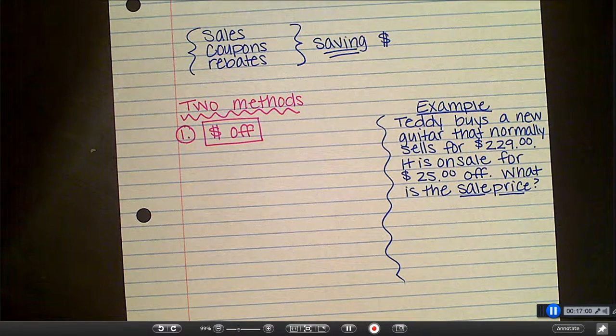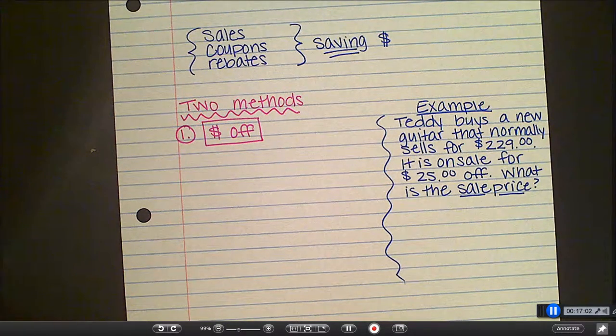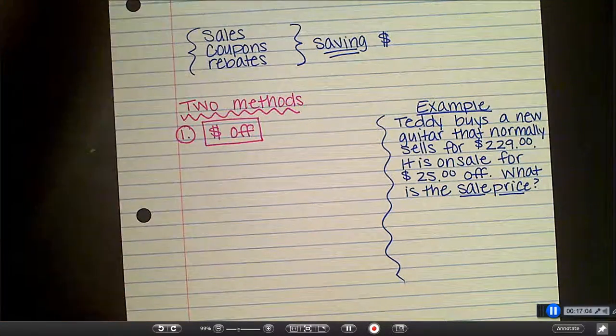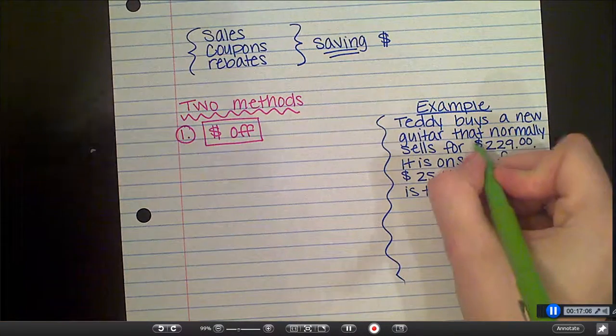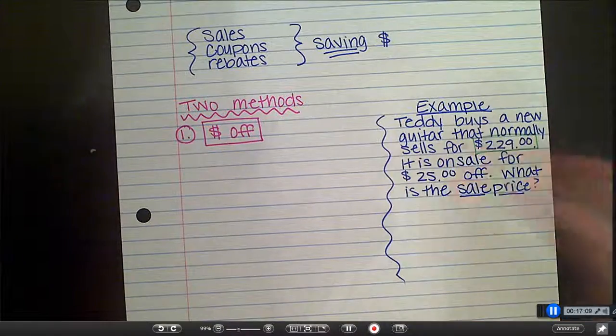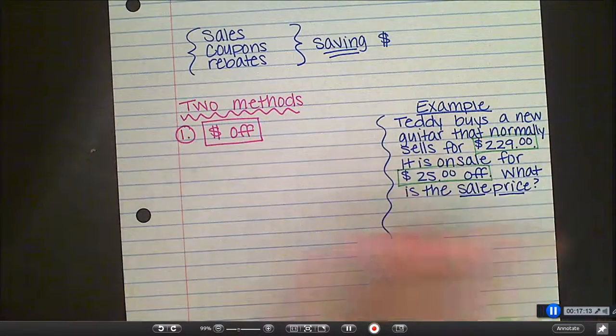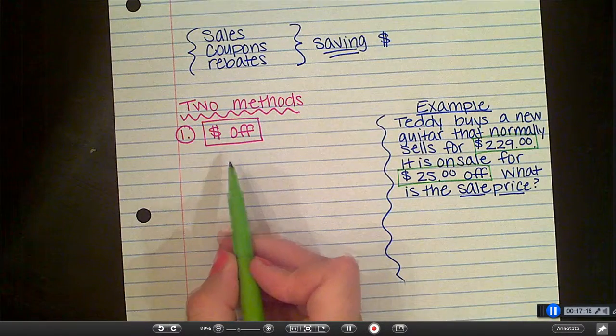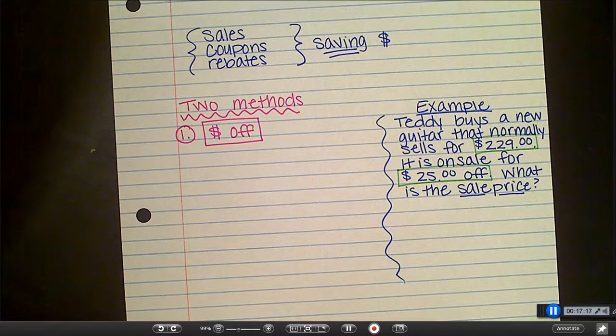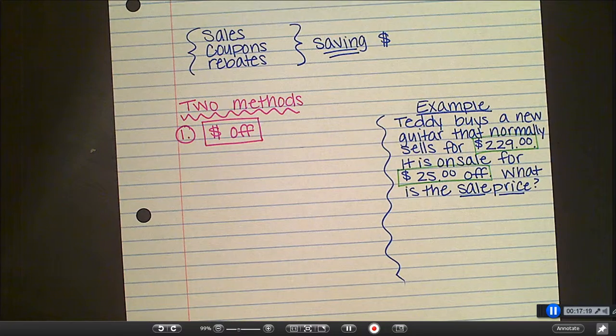What's the sale price? So I want to look at my information here, and I know that it normally sells for $229, but it's on sale for $25 off. So this is a dollars off type of problem. And this is the easiest.